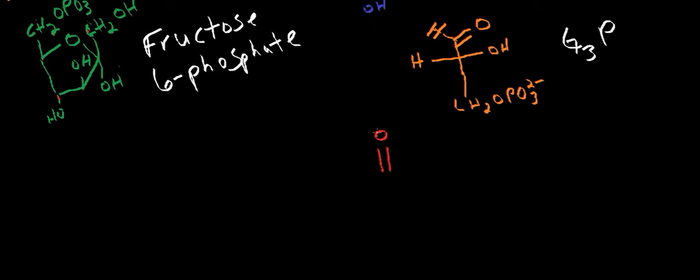You have CH2OH and OH, and then a phosphate group, 2 minus O3POH2C. Oops, I did that wrong. It's supposed to be CH2.